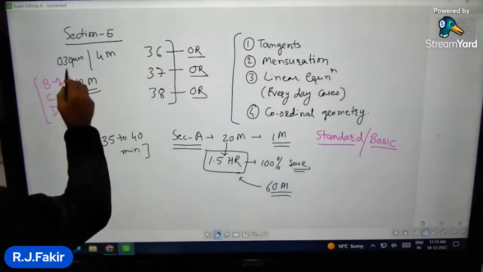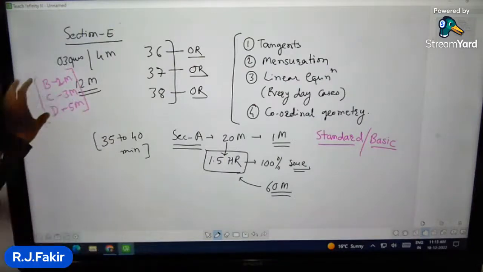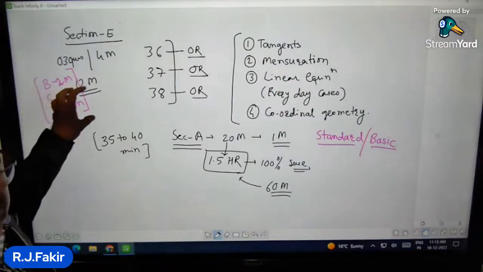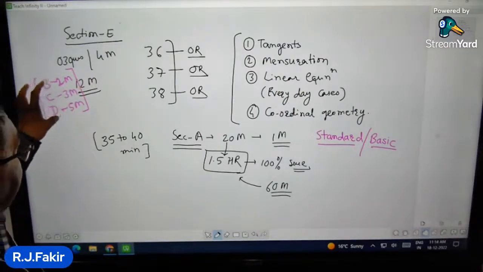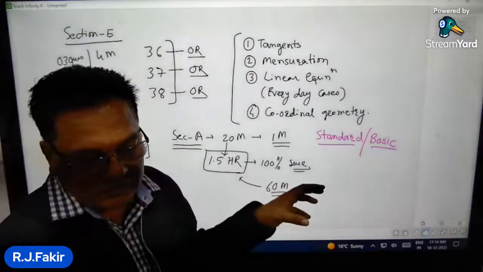So these three sections you should be very careful. And if you practice a lot for these type of questions, you will get a benefit to solve those section A questions also.